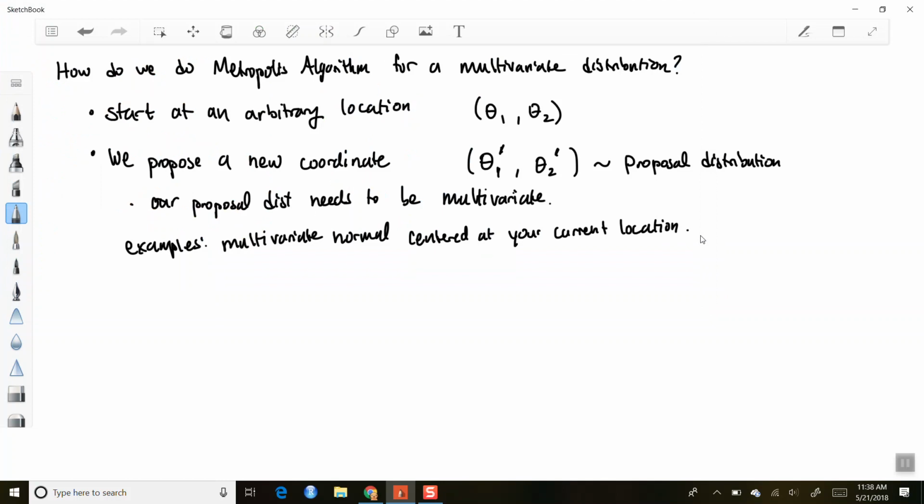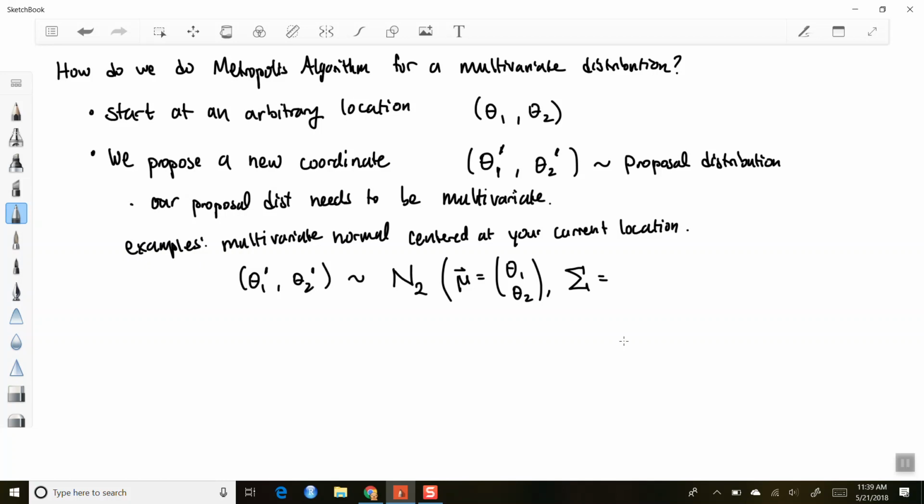Here we just make it multivariate by saying we've got a multivariate normal centered at your current location. And so in this case, our values theta 1 prime and theta 2 prime come from a multivariate normal where our mean vector is equal to our current location, theta 1, theta 2, and then what?